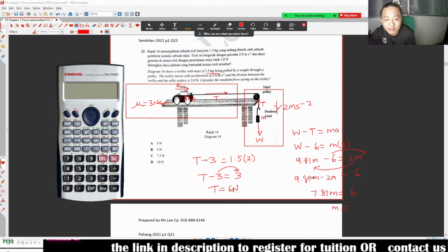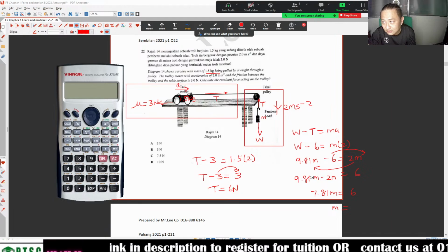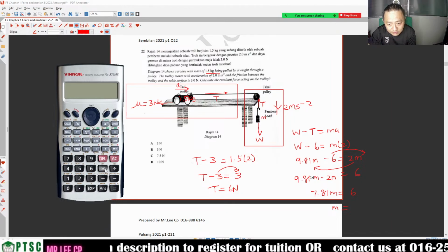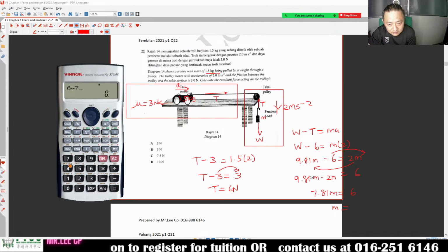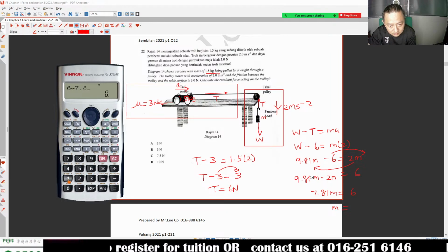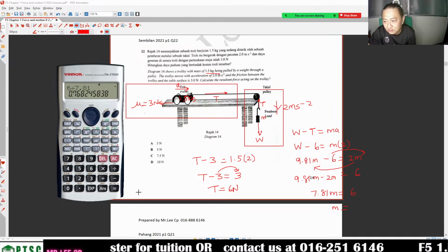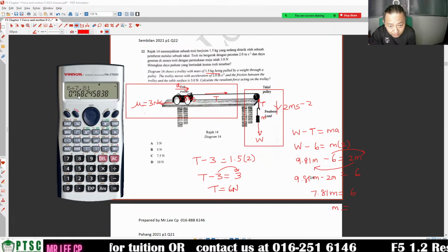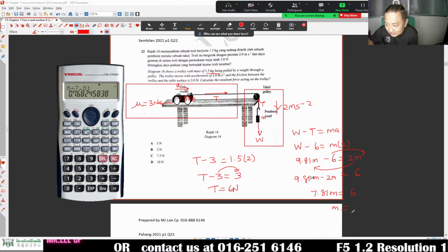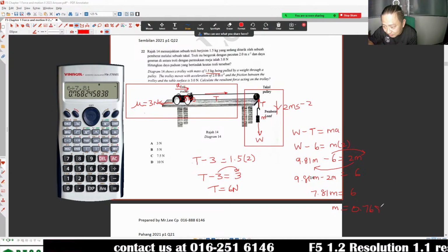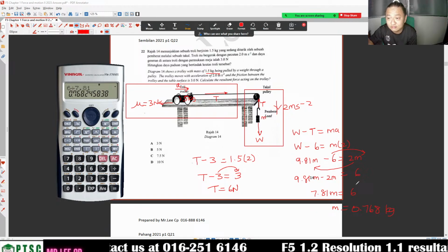Mass is 6 divided by 7.81. So your M is 0.768, but they don't ask you this.